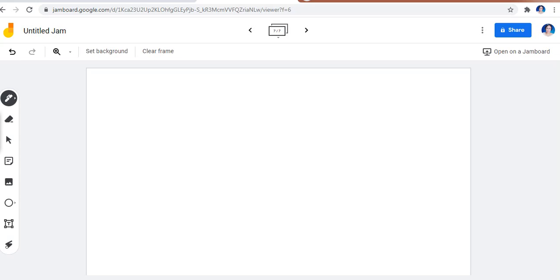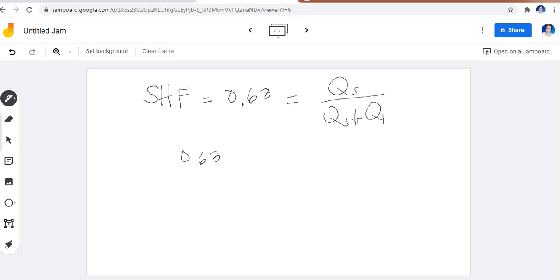So your sensible heat factor is equal to 0.63, and this is equal to sensible heat over sensible heat plus latent heat. Now we will determine the latent heat here, so everything is to be substituted.